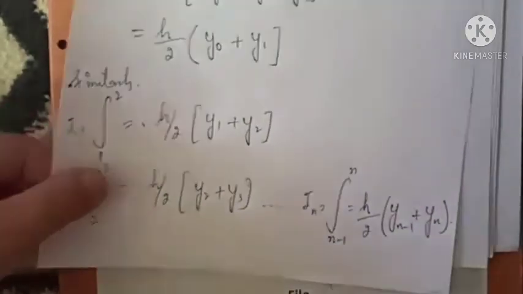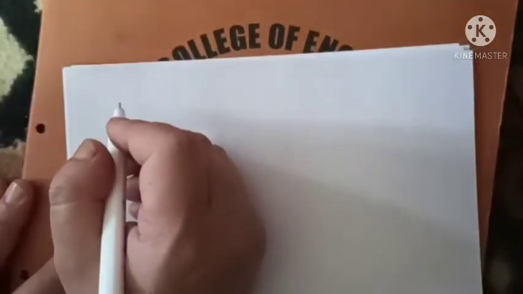Okay, now this is something which we have already done, but the question over here is we don't have to derive this using the Newton-Cotes formula. We can directly derive this from Newton's forward interpolation formula.